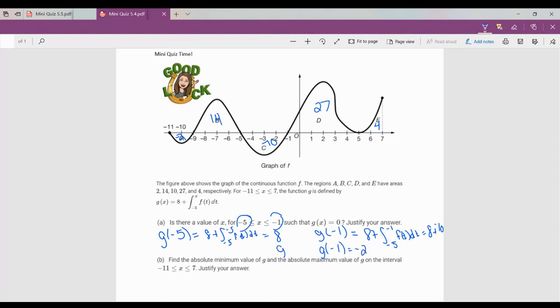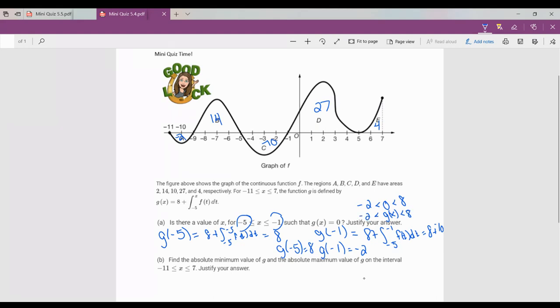So g of -5 equals 8 and g of -1 equals -2. Could we say that g of x equals 0? Yes, we can, because 0 is between our two values of -2 and 8.